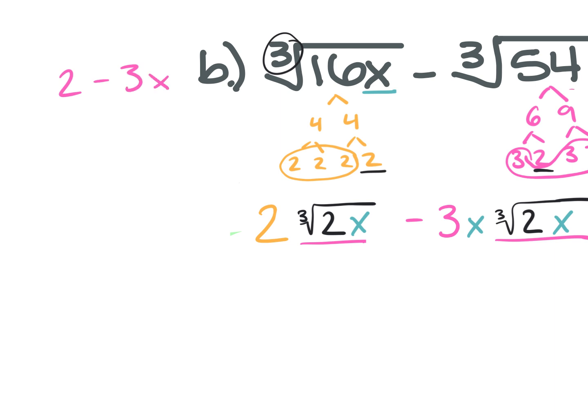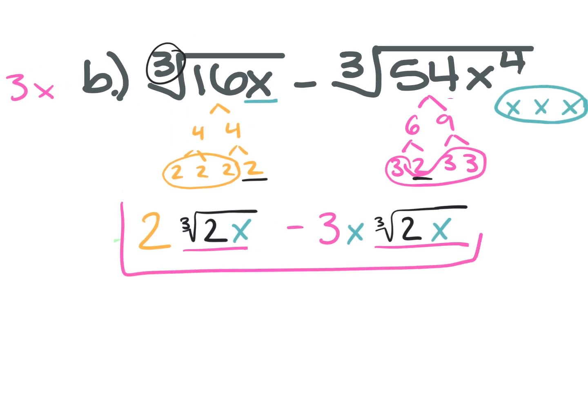No, they're not like terms. So we can't subtract. So this would be our answer. So even though they had the same square roots, same cubed roots here, can't combine it because that x on the outside there makes it not like terms.